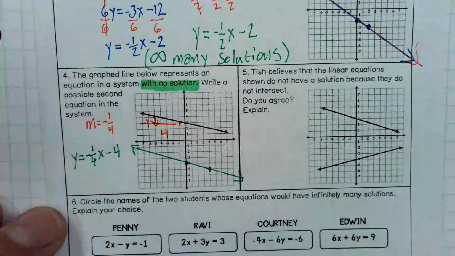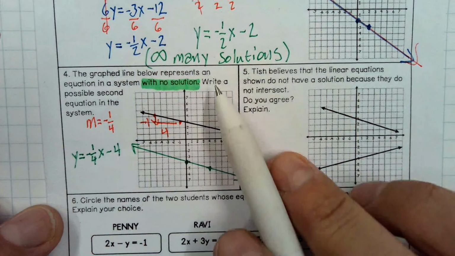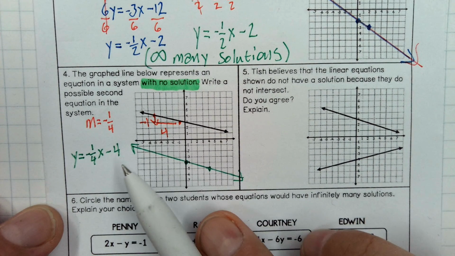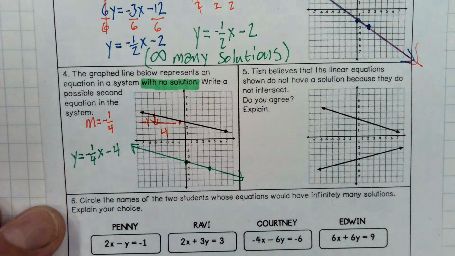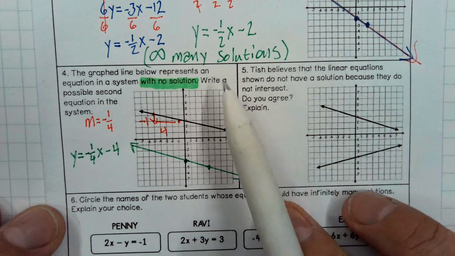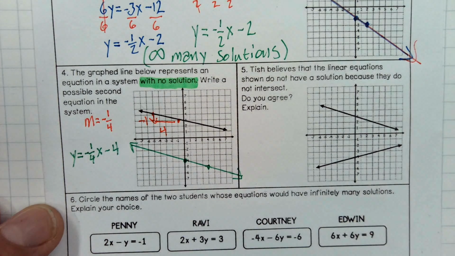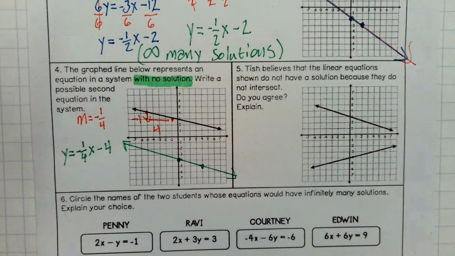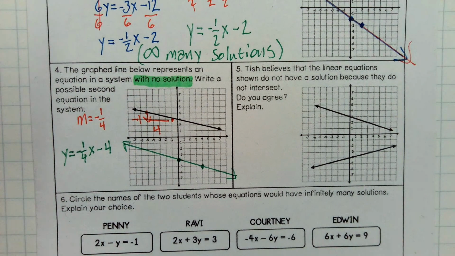If you picked a different point, your y-intercept number would be the one that goes there. Okay, so it says write a possible second equation. Boom, there it is. So write an equation that would give you no solution, meaning parallel lines.